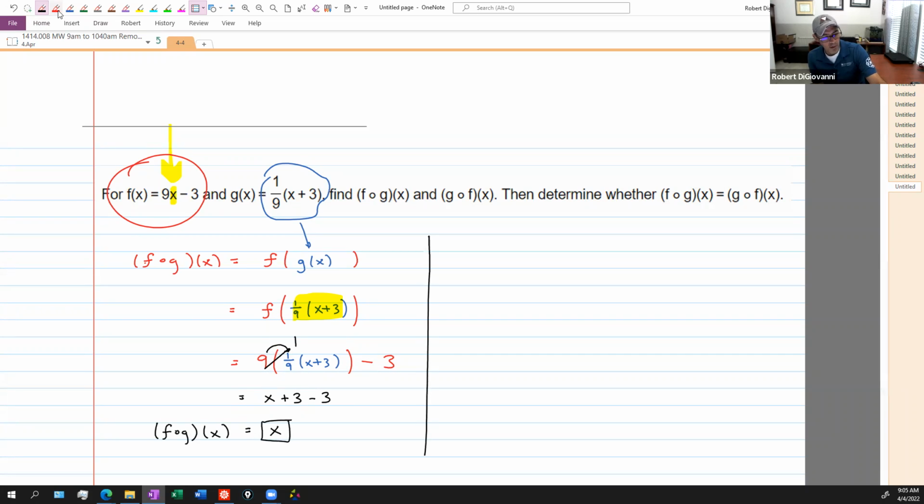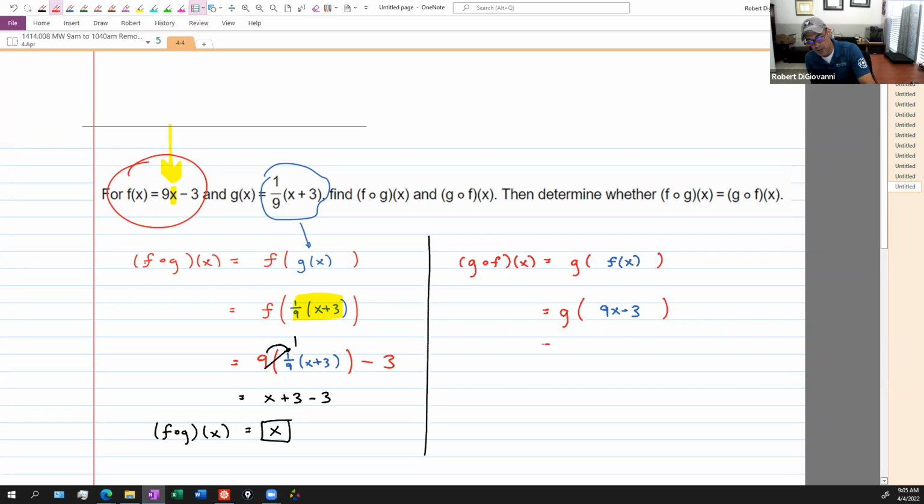Now we're going to do it the other way around. We're going to do g of f of x, which means we take the g function on the outside, and inside goes f. So inside, we replace it with the blue, which is the f function, 9x minus 3.